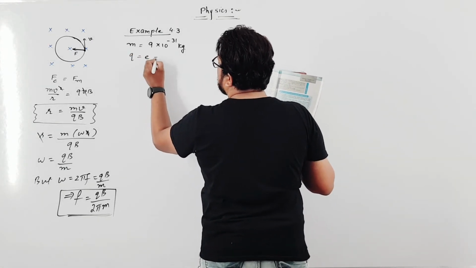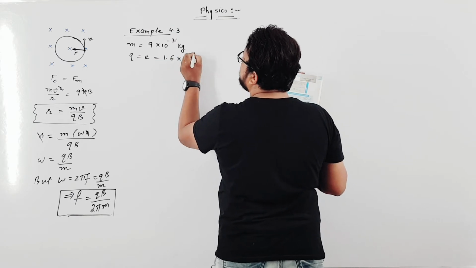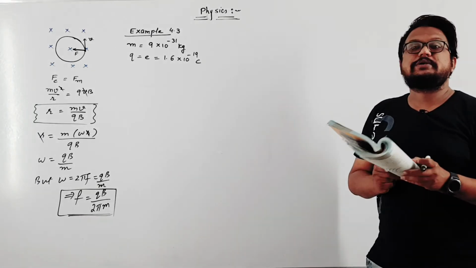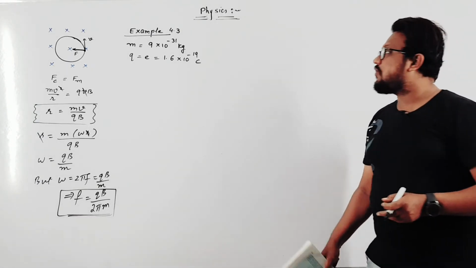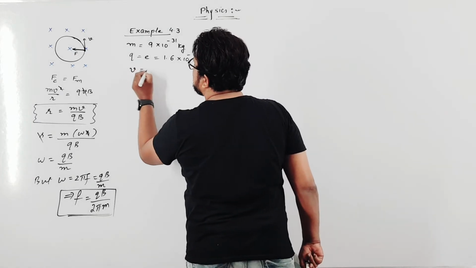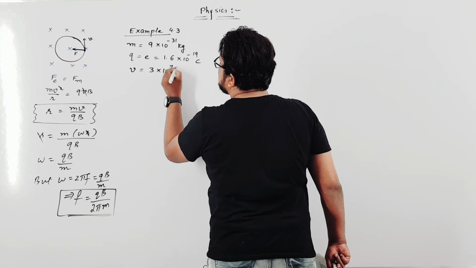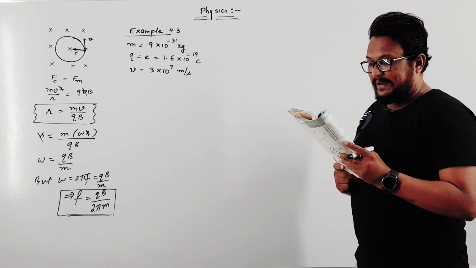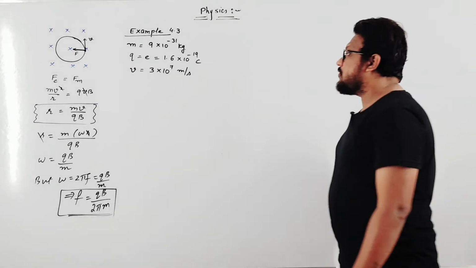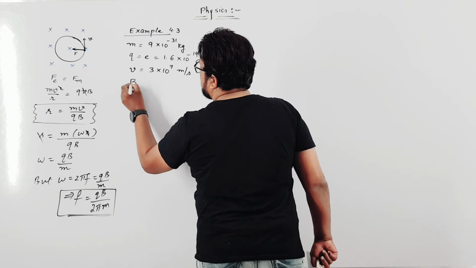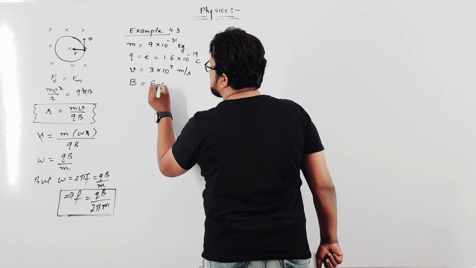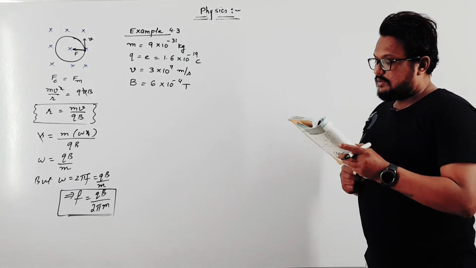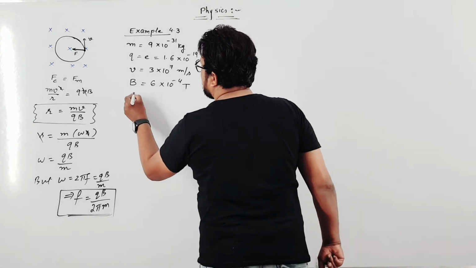You can write this is equal to e, that is 1.6 into 10 to the power minus 19 coulomb. Moving at a speed of 3 into 10 to the power 7 meter per second, in a magnetic field of 6 into 10 to the power minus 4 Tesla. What is the radius actually? So we have to find the radius.